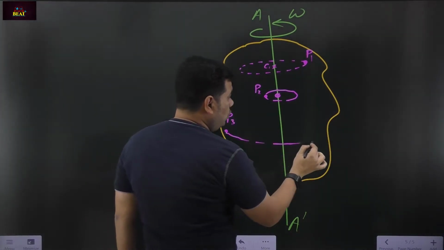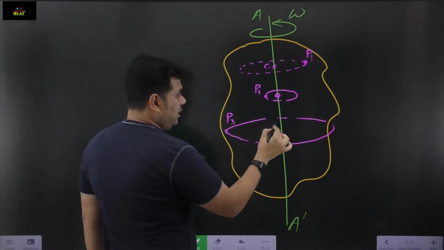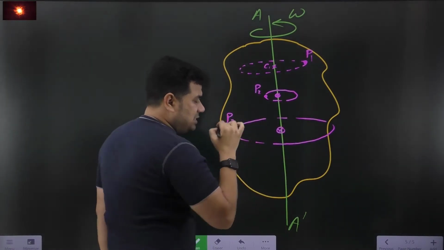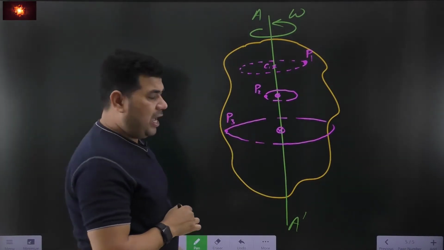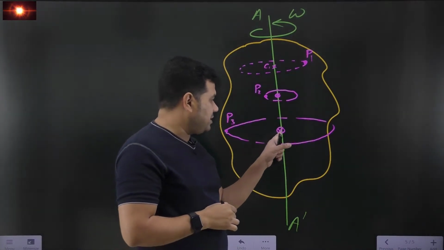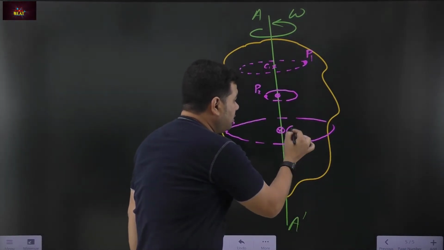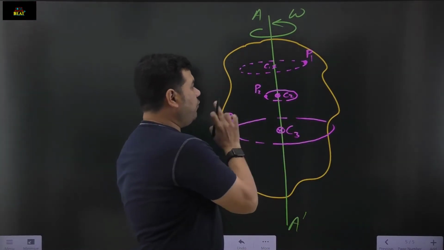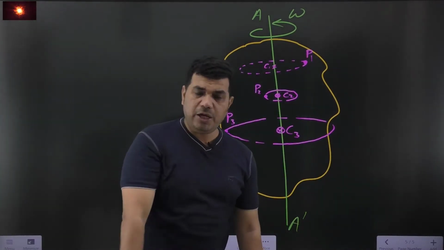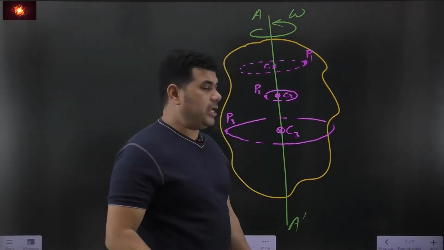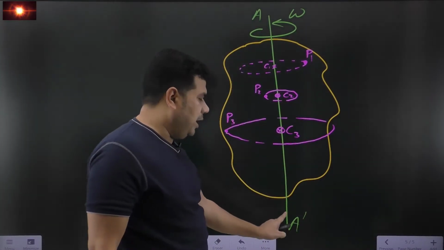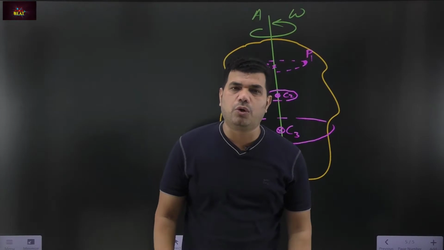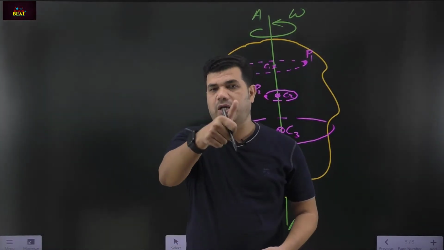P3 is also revolving on a circle, having a different radius, but the center is here. You can say C2, right? So the centers of all the circles may be concentric or may be on the same straight line. This type of motion is known as, yes, rotational motion.